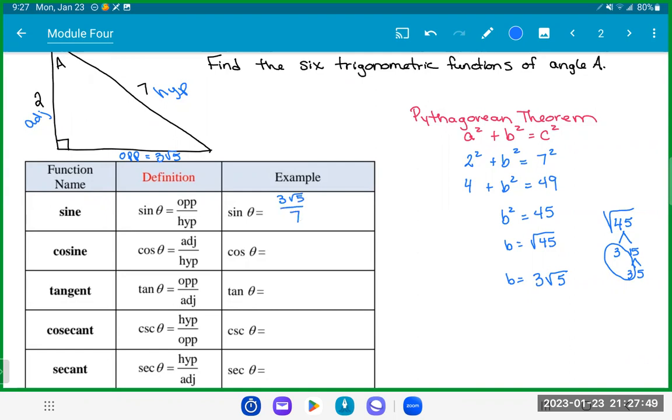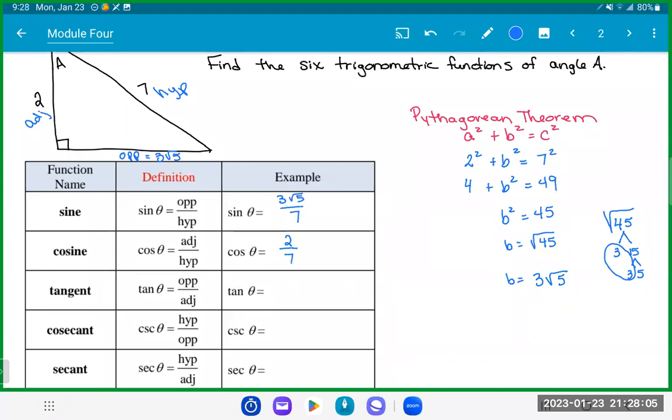Okay. Then we have our cosine. Our cosine is going to be our adjacent, which is 2, over our hypotenuse, which is 7.